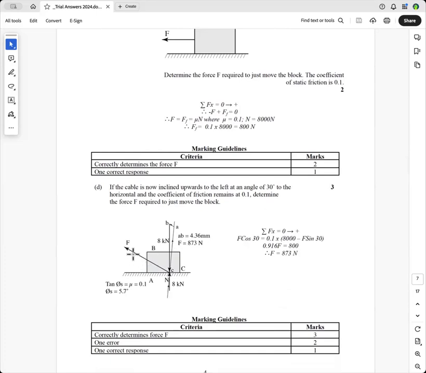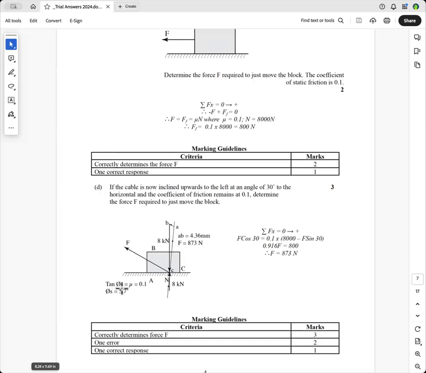When the force is inclined at 30 degrees, you've got to determine the force required to just move the block. Now you can do this graphically. You know that the angle between the normal and the resultant of the normal and the force of friction will be the angle of repose.